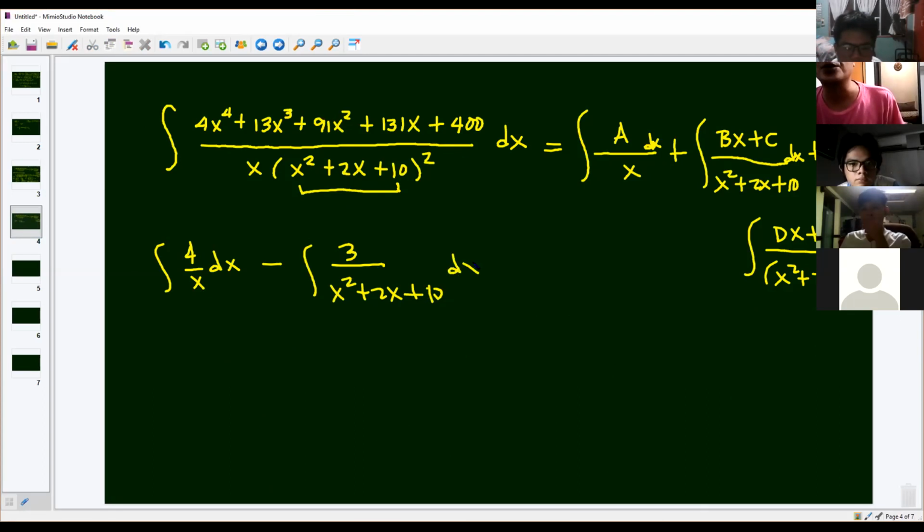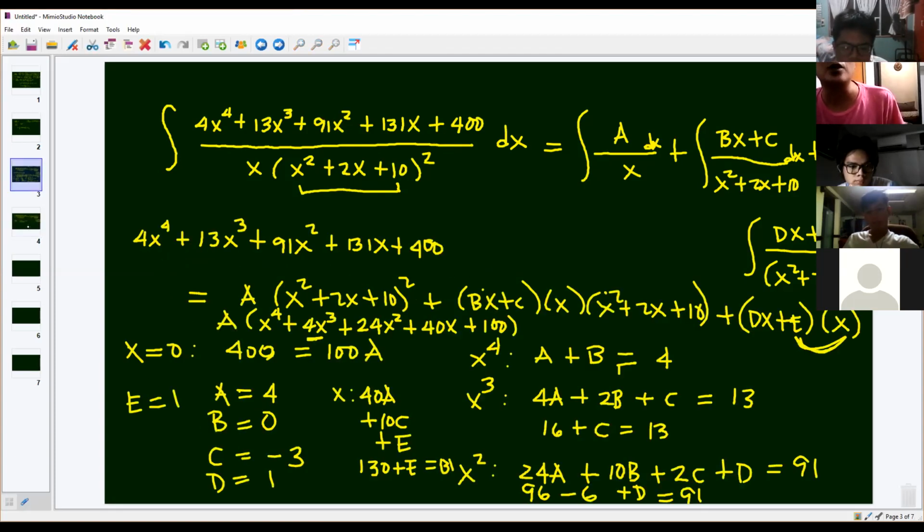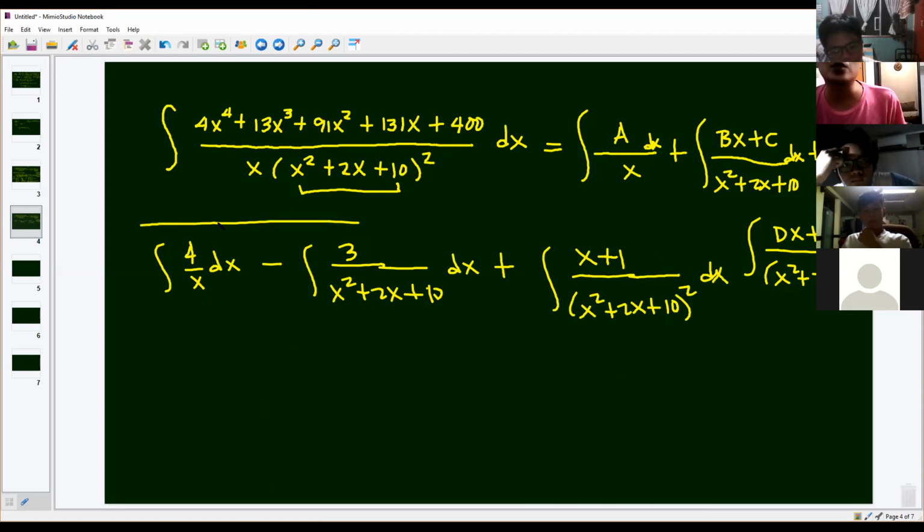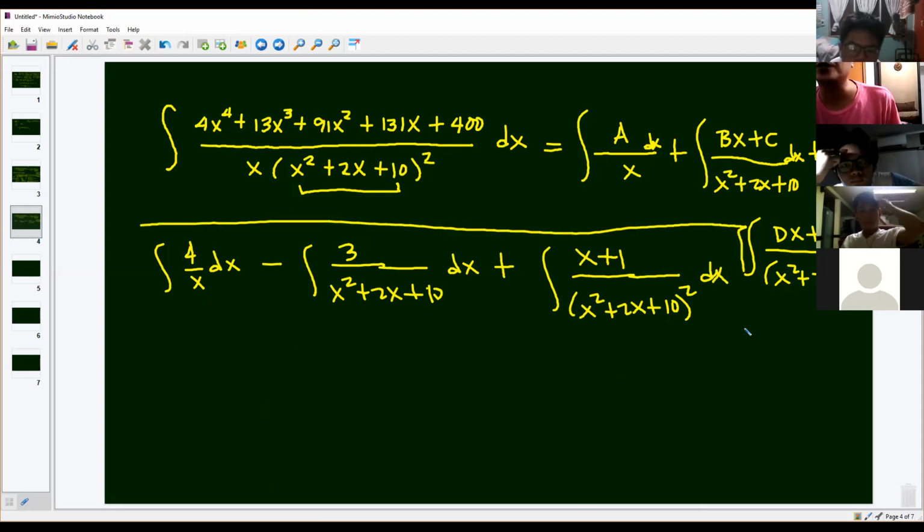And then dx plus e, complete, right? Both d and e are 1. So you have x plus 1 over the quantity x squared plus 2x plus 10, squared, dx. All we need to do is integrate every term.